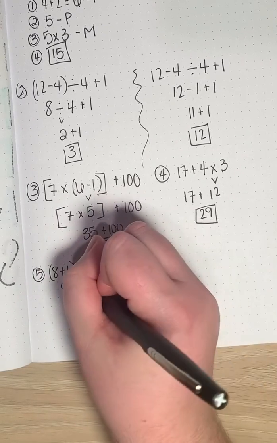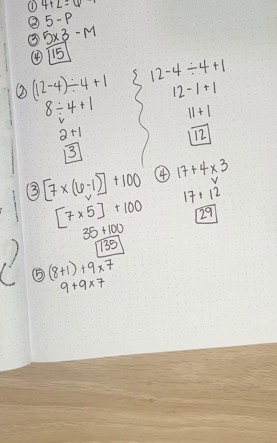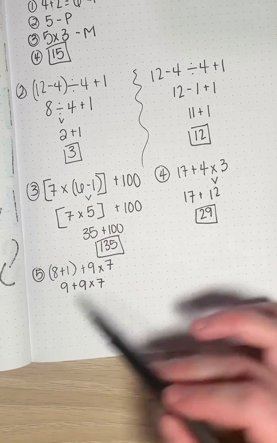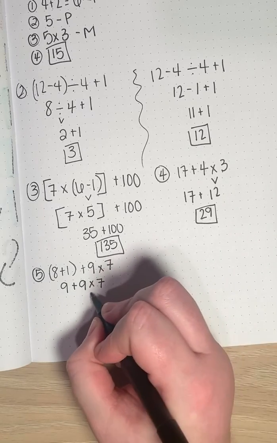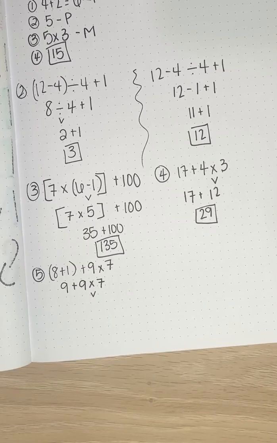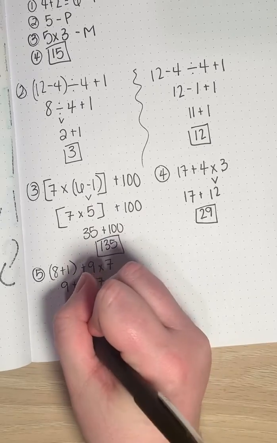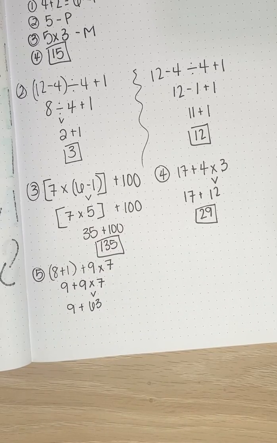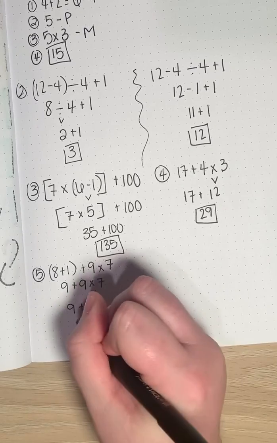Then I have plus 9 times 7. All right, so just like my last problem, I have addition and multiplication, but I have to start with my multiplication. So I'm going to take 9 times 7, which is going to give me 63, plus 9. So 63 plus 9 gives me 72.